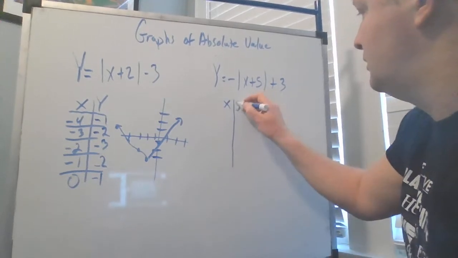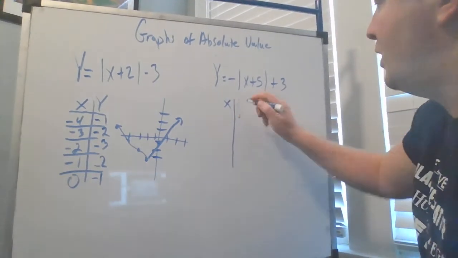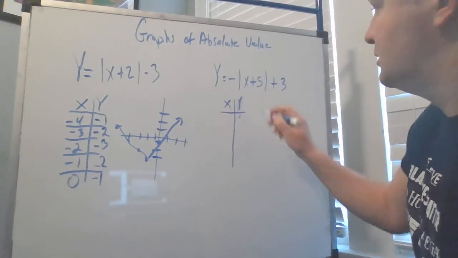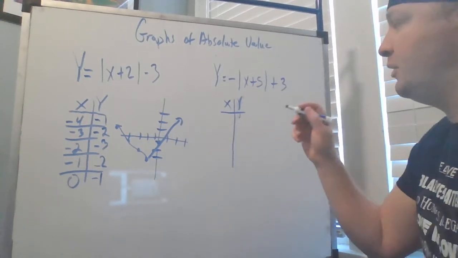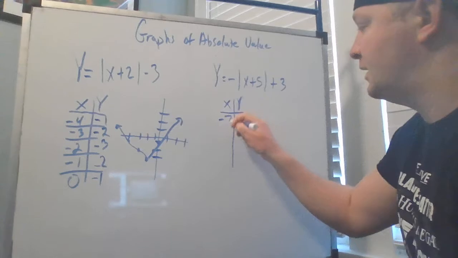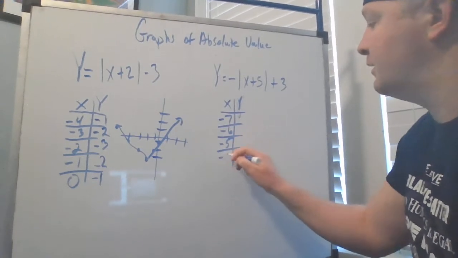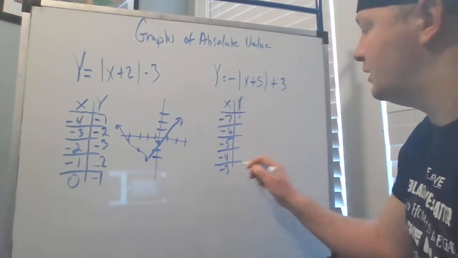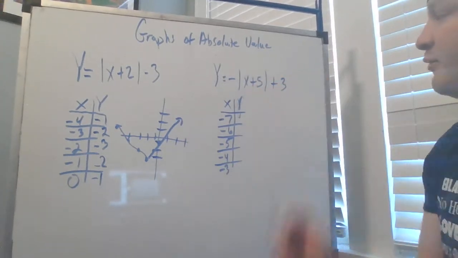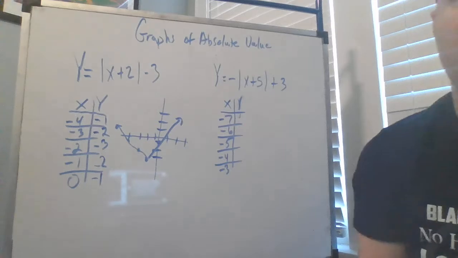All right. Oops, not 5. Duh. So what makes inside negative? I'm sorry, 0, -5. So I'm going to do -7, -6, -5, -4, -3. Let's do our work. -7 plus 5 is -2. Absolute value of -2 is 2.